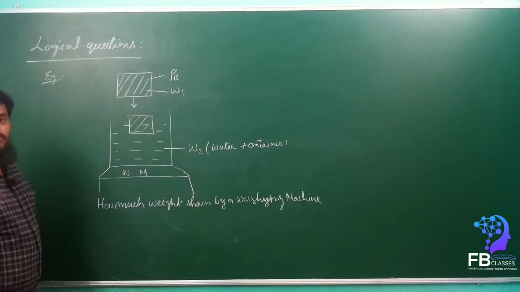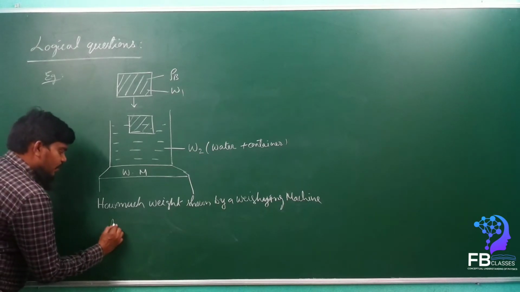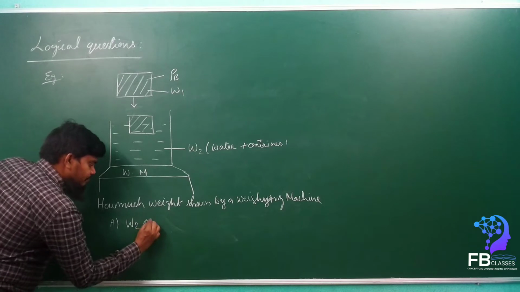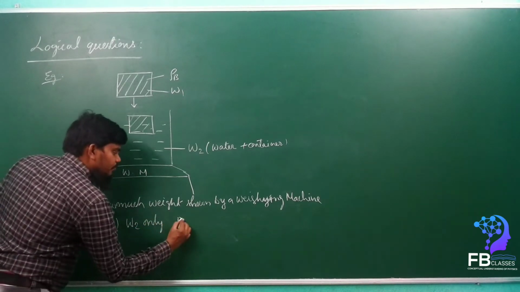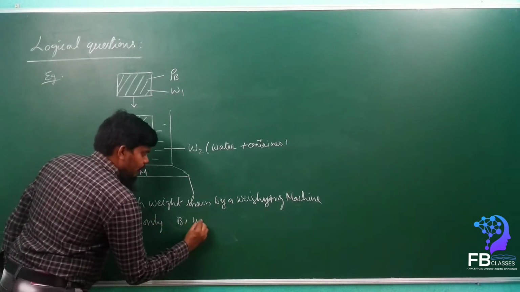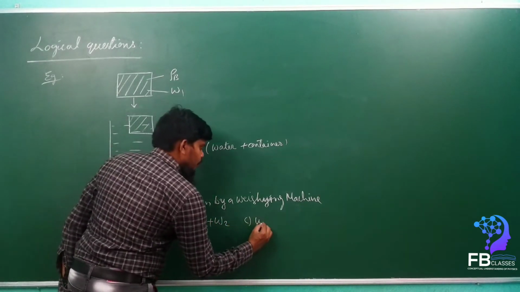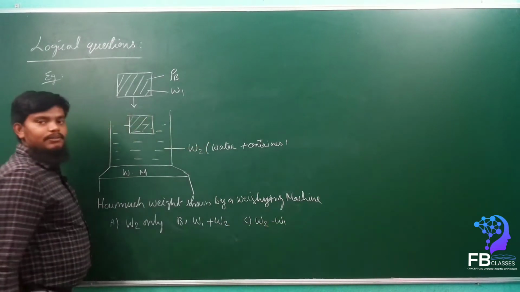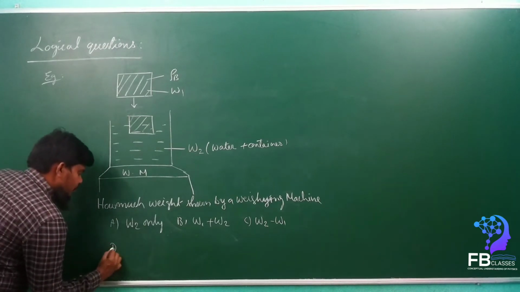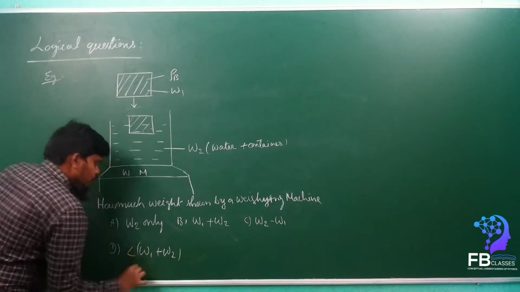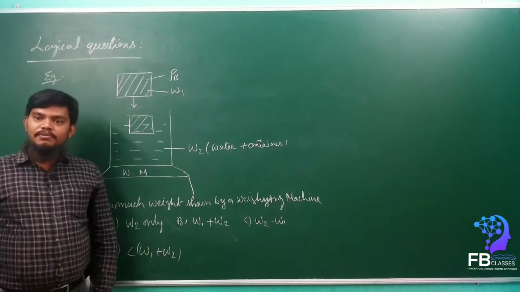How much weight is shown by the weighing machine? Options are: option A, W2 only; option B, W1 plus W2; option C, W2 minus W1; and option D, less than W1 plus W2. Which is the correct answer?